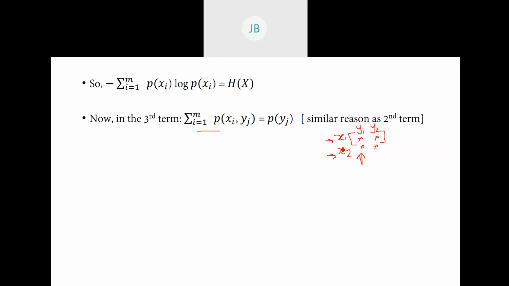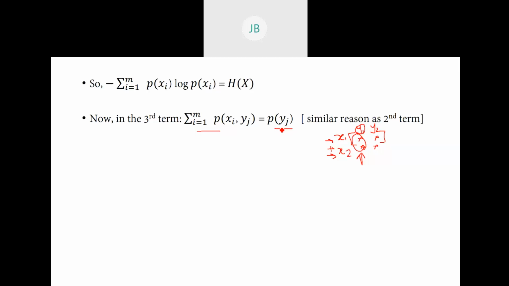And then we will be adding those probabilities. We add this as well as this. So when we add these two items, we should be getting the probability of y1, right? So that is what is written here, probability of yj.